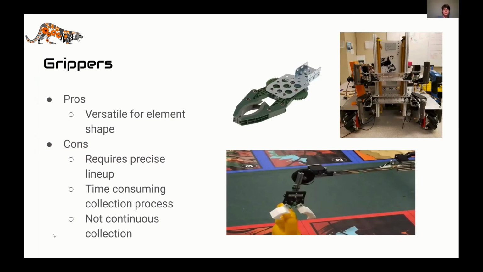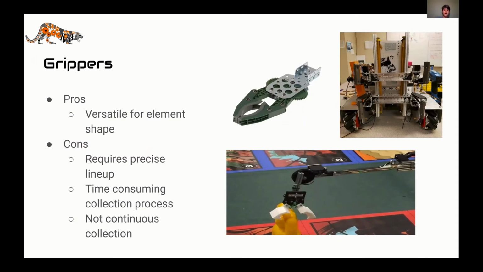Grippers are one of our first examples of a way of getting these elements into your robot. Some pros of grippers are that you can design them around basically any element that you'd like to. Like in this bottom picture, you can see that that's a 3D printed piece that fits exactly around that relic. But unfortunately, it does require a good amount of lineup, probably the most out of any of the ones that we're going to talk about.